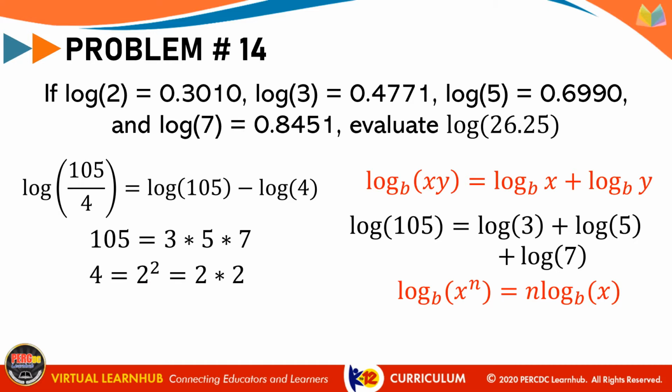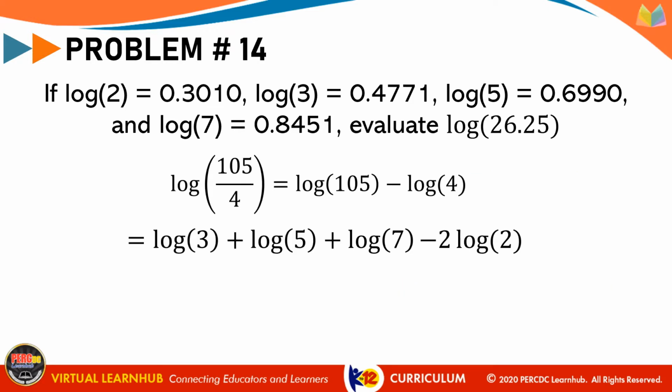And the logarithm of x raised to n to the base b is equal to n log of x to the base b, giving us log of 2 squared equals 2 log of 2.